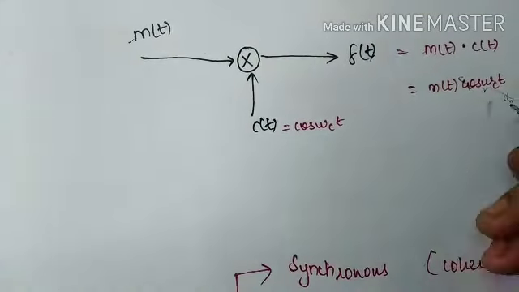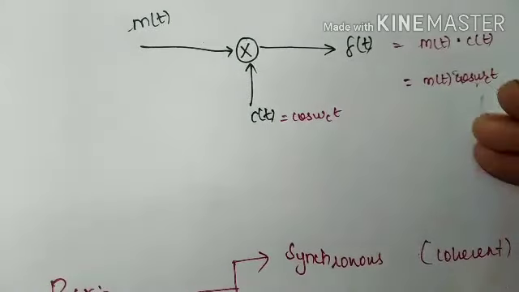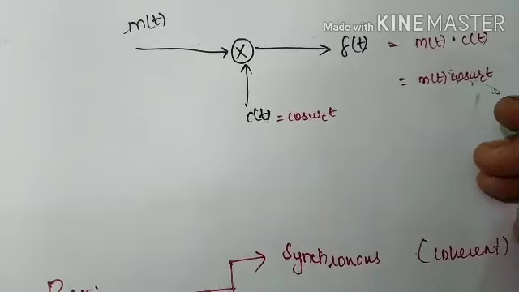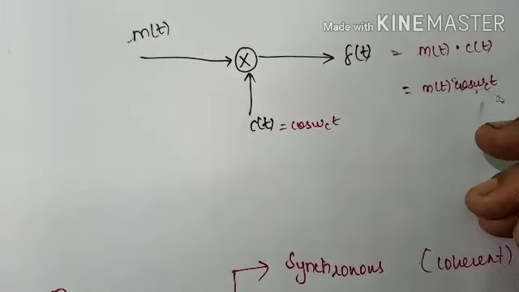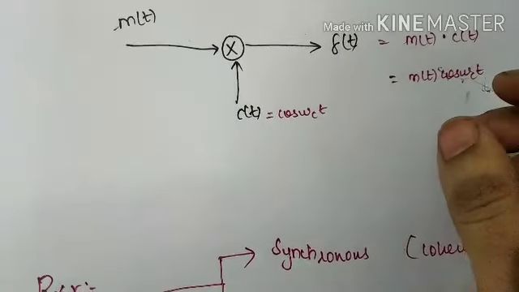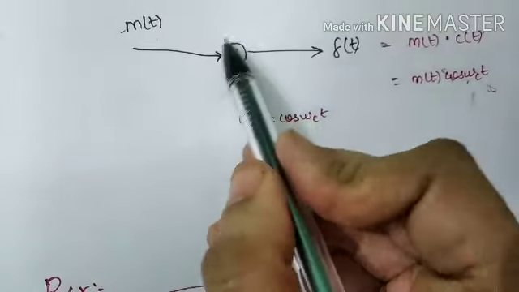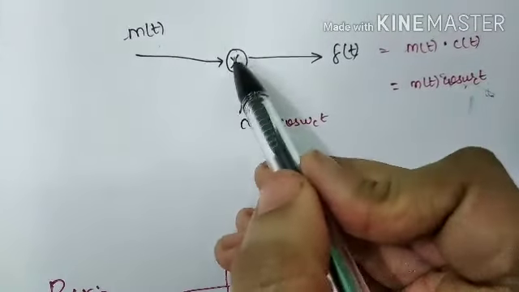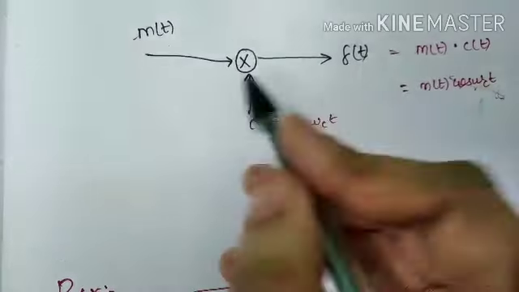Generally it is similar to amplitude modulation. Here the carrier wave amplitude varies with respect to the message signal. I have considered m of t as the message signal, and here I have assumed a product modulator, represented by the cross symbol.